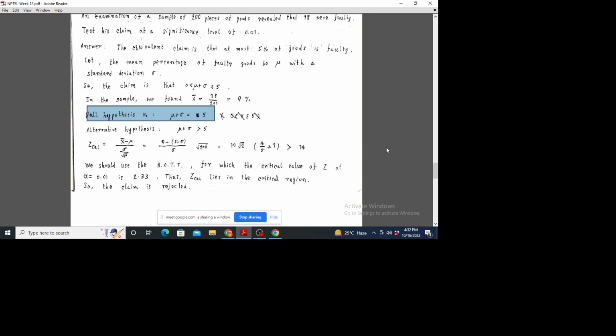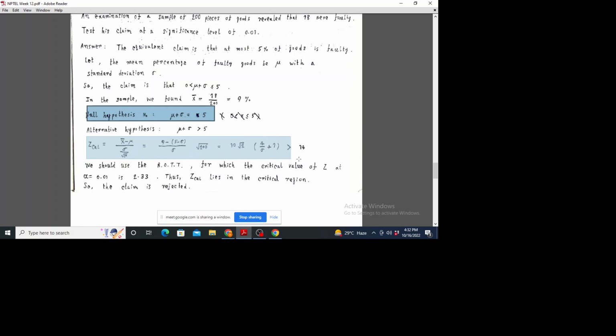So it is beneficial to take a null hypothesis like mu plus sigma is 5.